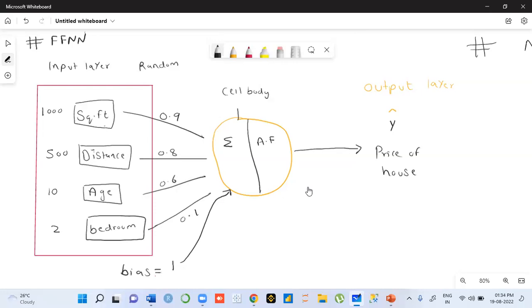Okay. Now, guys, I'll take a small example. First, I'll explain you how neural network with hidden layer. Understand it.